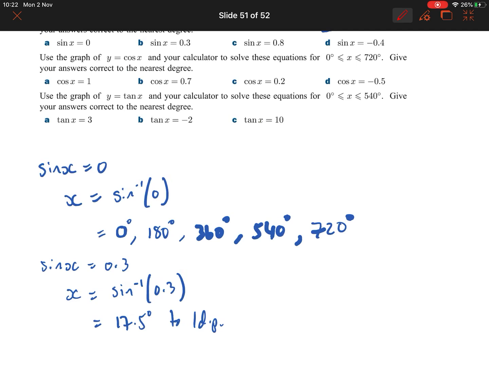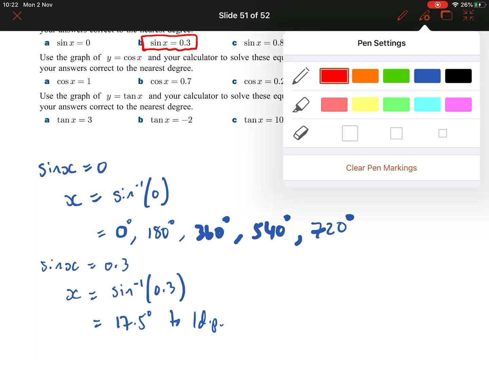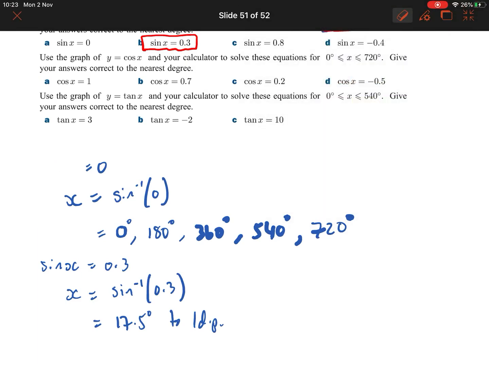So there are my 4 answers. This equation didn't just have one answer. It had 4 answers within the correct range, for values of my angle between 0 and 720 degrees. I hope that makes sense.